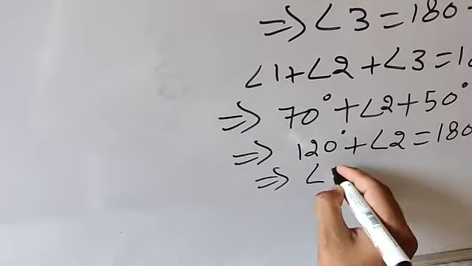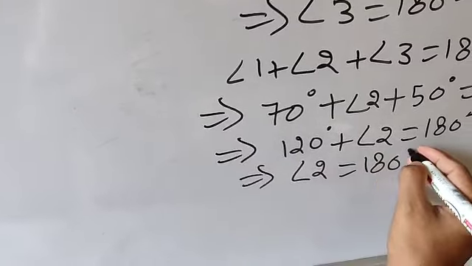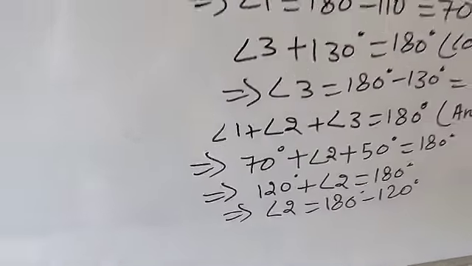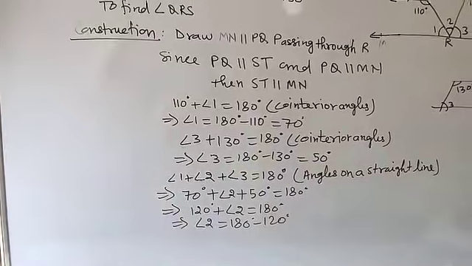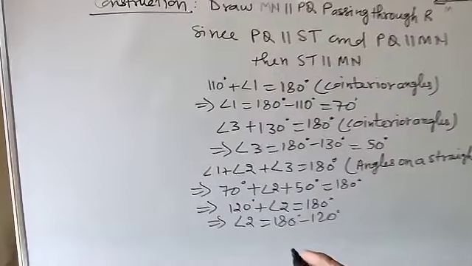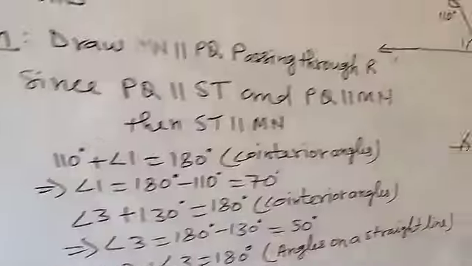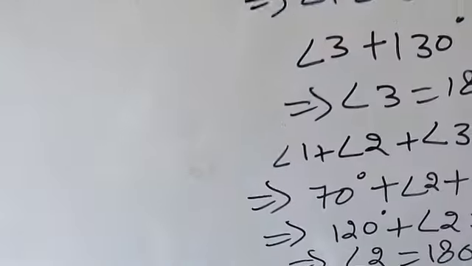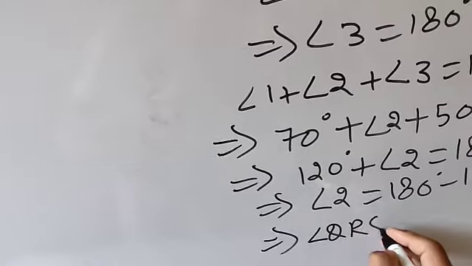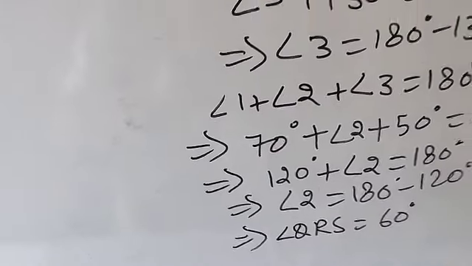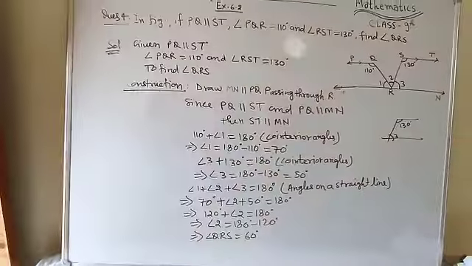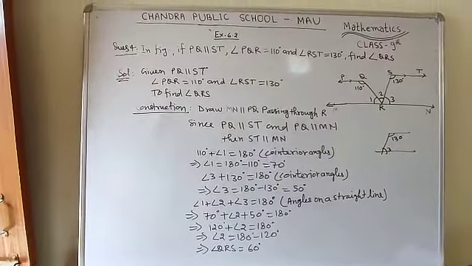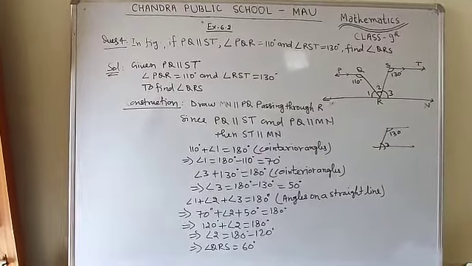So angle 2 equal to 180 degree minus 120 degree. Angle 2 is angle QRS, that you need to find in the question. So angle QRS equal to 60 degree. So students, it is the complete solution of question number 4.